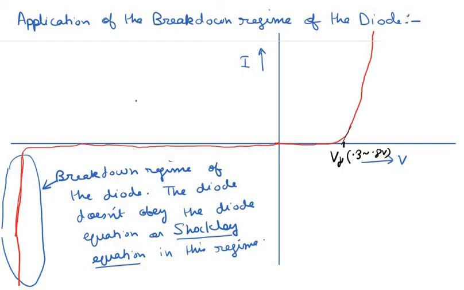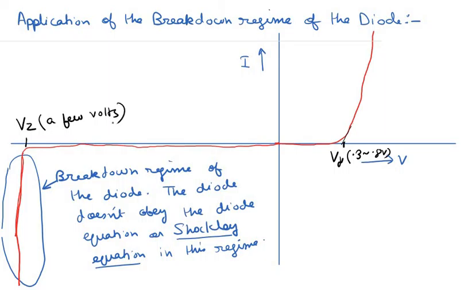On the other hand, the voltage after which the diode current increases sharply with the applied bias in reverse bias condition is also known as the breakdown voltage, generally denoted by the letter Vz. This voltage is a few volts.